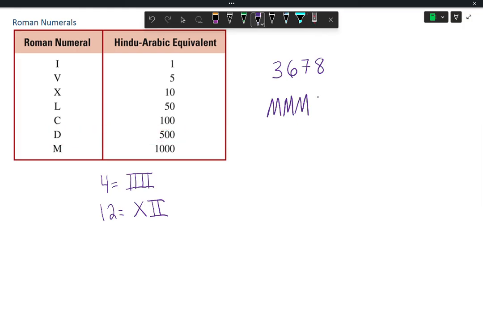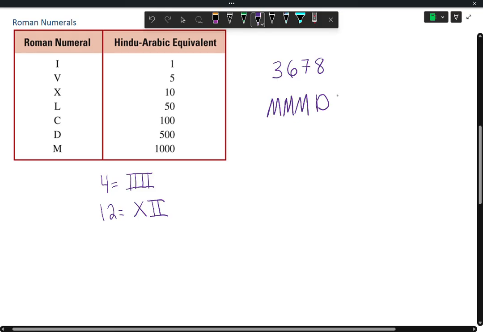So I would use a D for 500 and then C for one more 100 to get 600. For the 10s, I'd use L for 50 and then 2 more X's to get me up to 70. So you see how I have 50 and 2 more 10s. And then for 8, I'd use a V for 5 and then 3 more I's to get us up to 8.